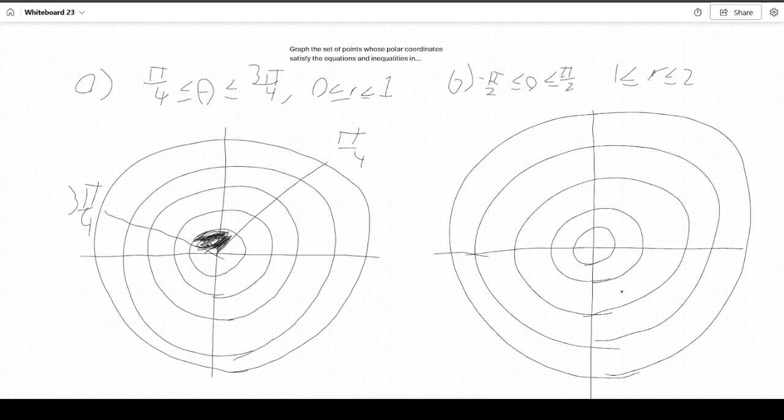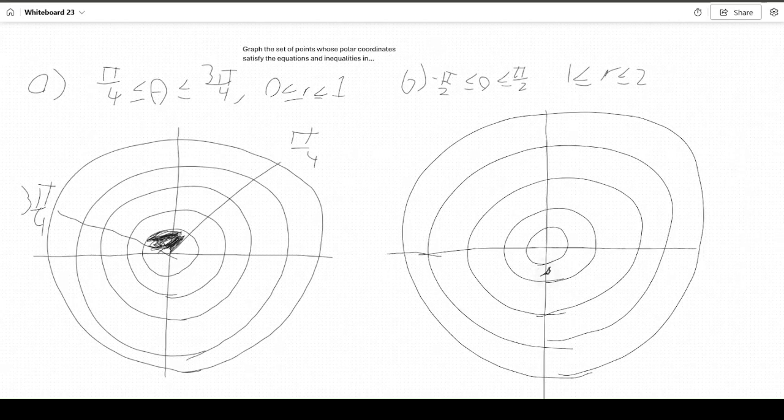Let's say it's going to go from negative pi to pi over 2. So we're going to have to circle the whole thing, because we don't know if it's going to stop at, let's say, negative 3 pi over 2 or at negative pi over 2.